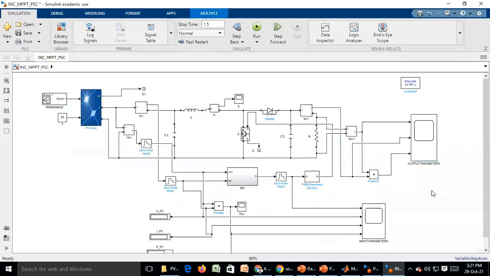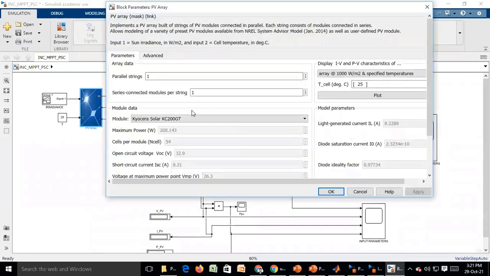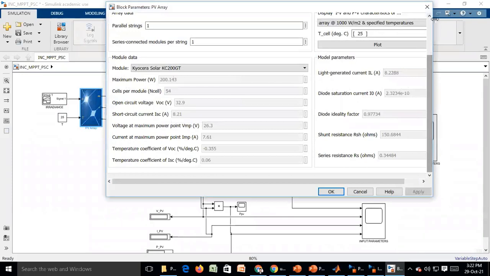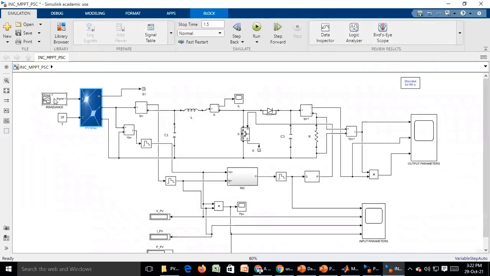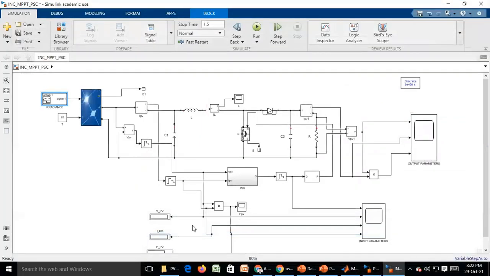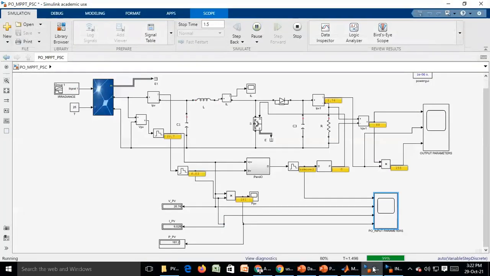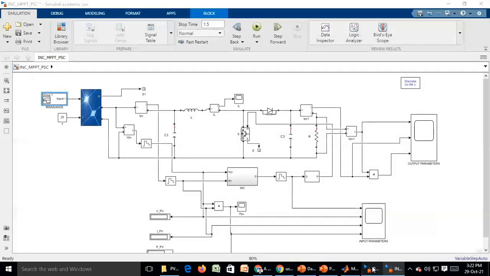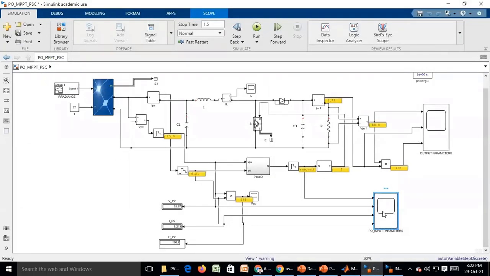Now in the same way, here what we have considered is the PV panel of a PV array, SIM 200 GT, and the irradiance we have considered is almost the same as before, up to 1.5.